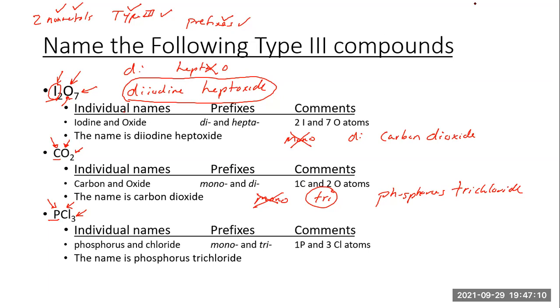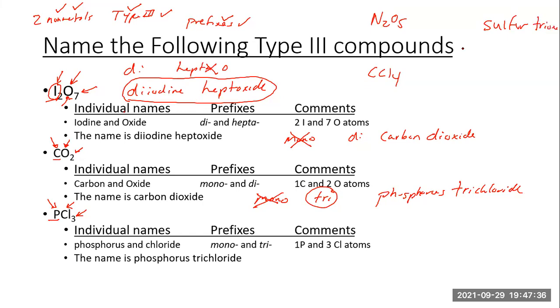Okay, why don't you try a few here just to make sure. Why don't you give the name for N2O5, for CCl4? Why don't you give the formula for sulfur trioxide?